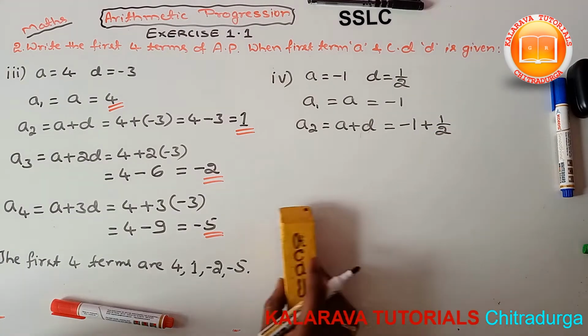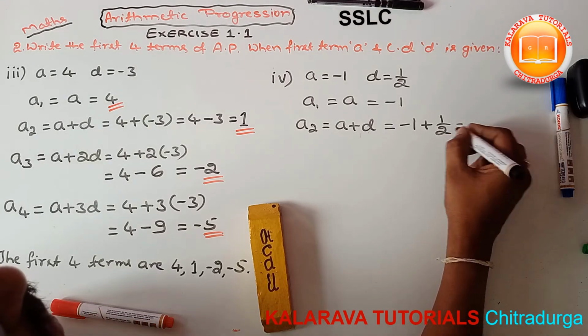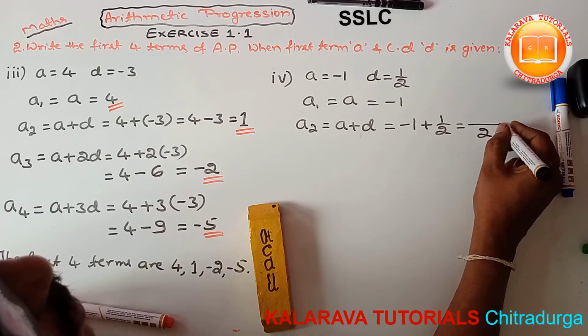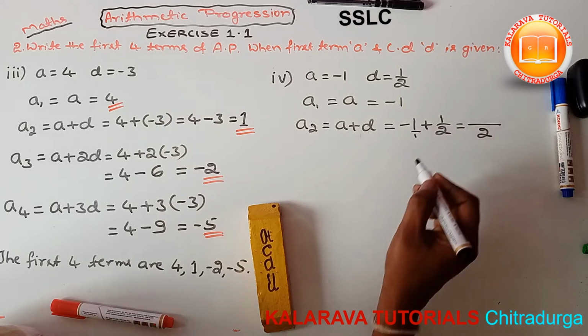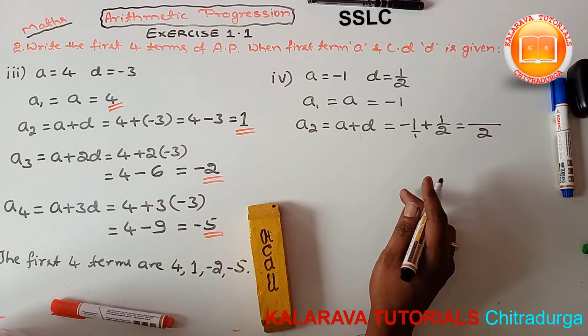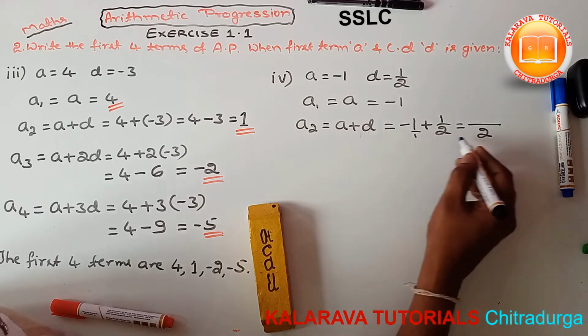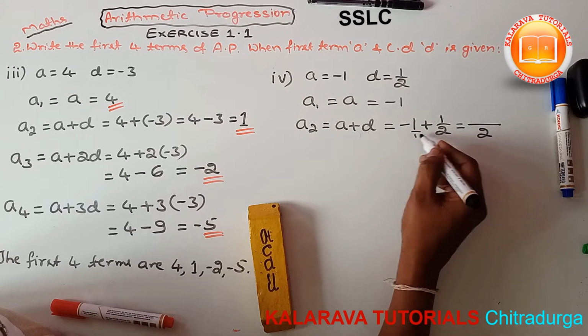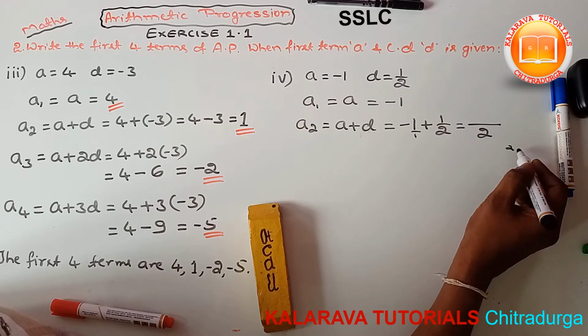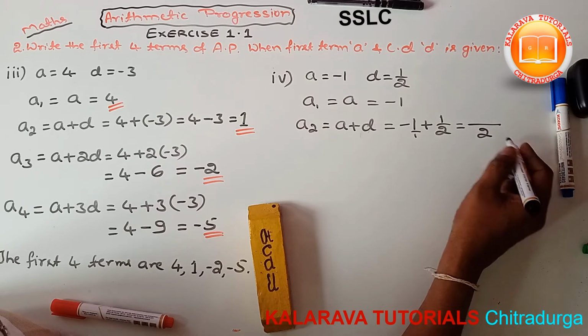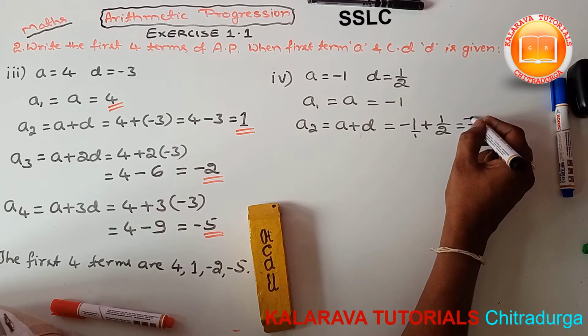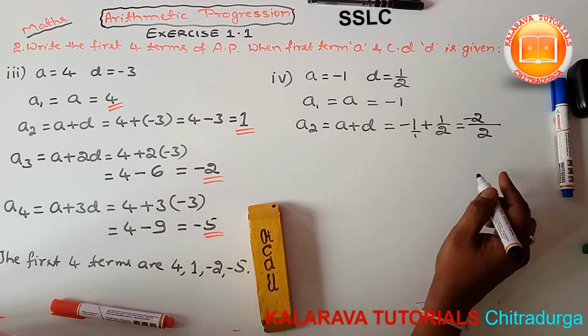Here we have to take the LCM. 2 is the LCM for this problem. Here 1 is in the denominator of the first number. There is no number, we consider that 1 is there. So you have to divide the LCM by this denominator. 1 2s are 2, that is 2 times it is divided. You have to multiply this 2 to the numerator, that gives you 2 1s are minus 2.